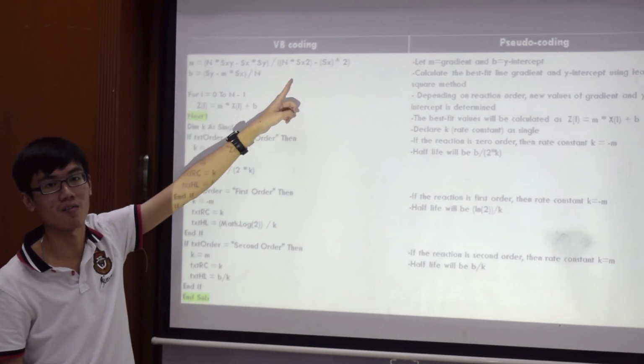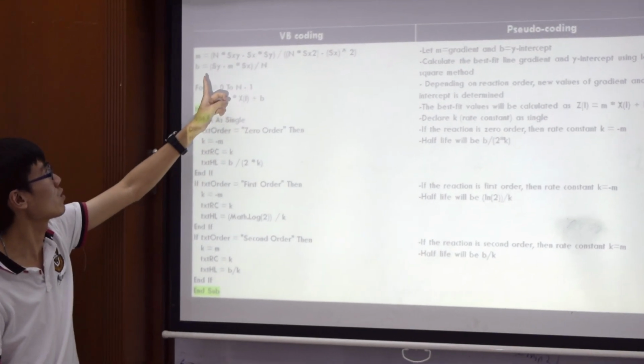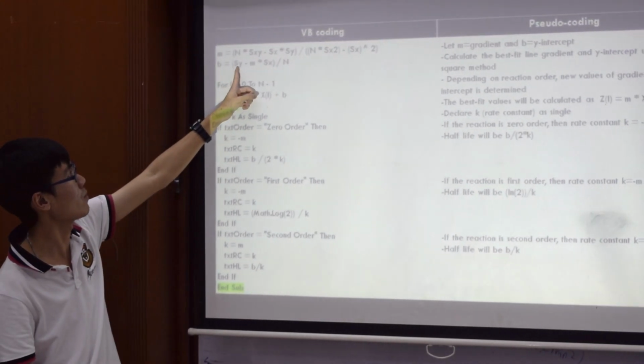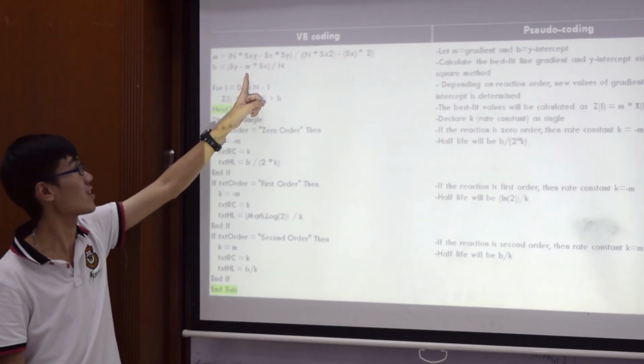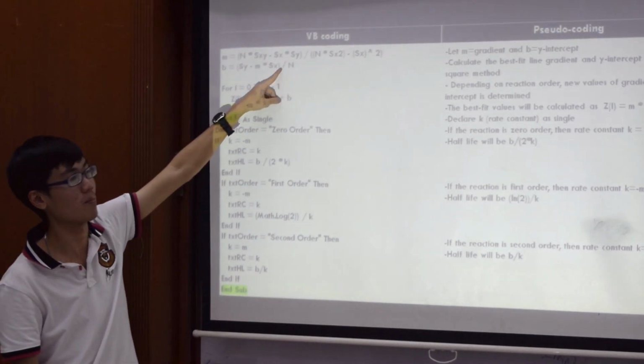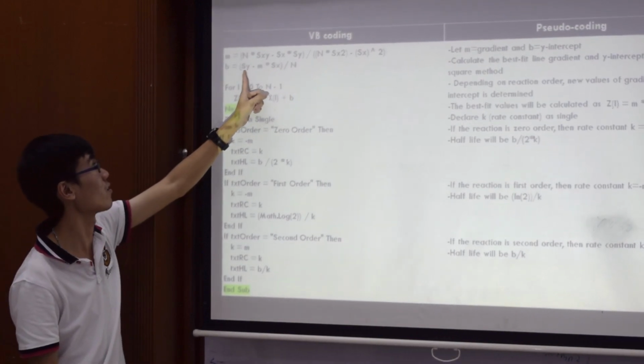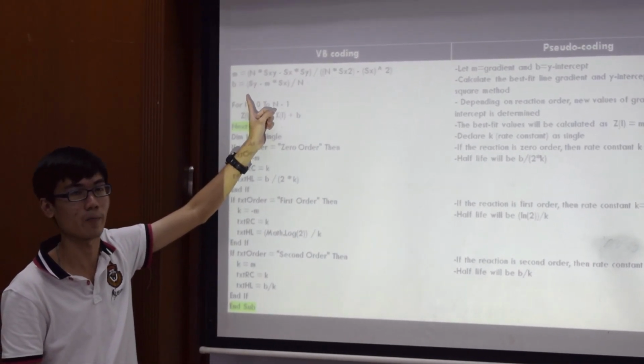Through this formula we can find the gradient, and through the formula sum of y minus gradient times sum of x, divided by n, we can find the value of the y-intercept.